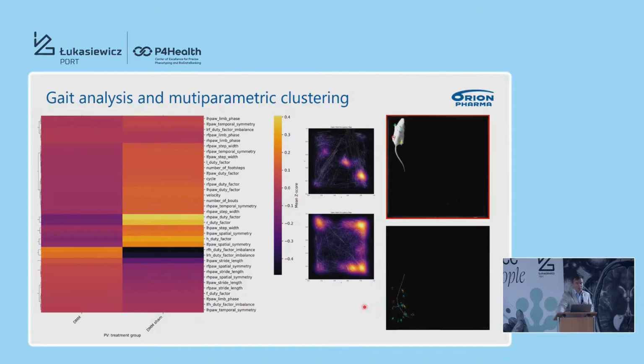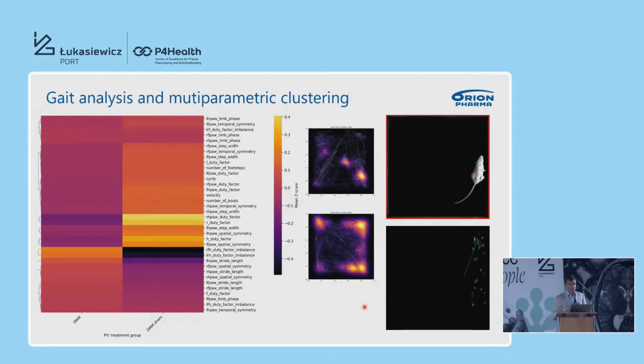It can also assess gait, so changes in the way the animal moves, but it can also assess other parameters like grooming, scratching, and standing on the hind legs, which is vertical movement. This is what we are currently trying to validate for assessment of pain, in a more holistic approach.